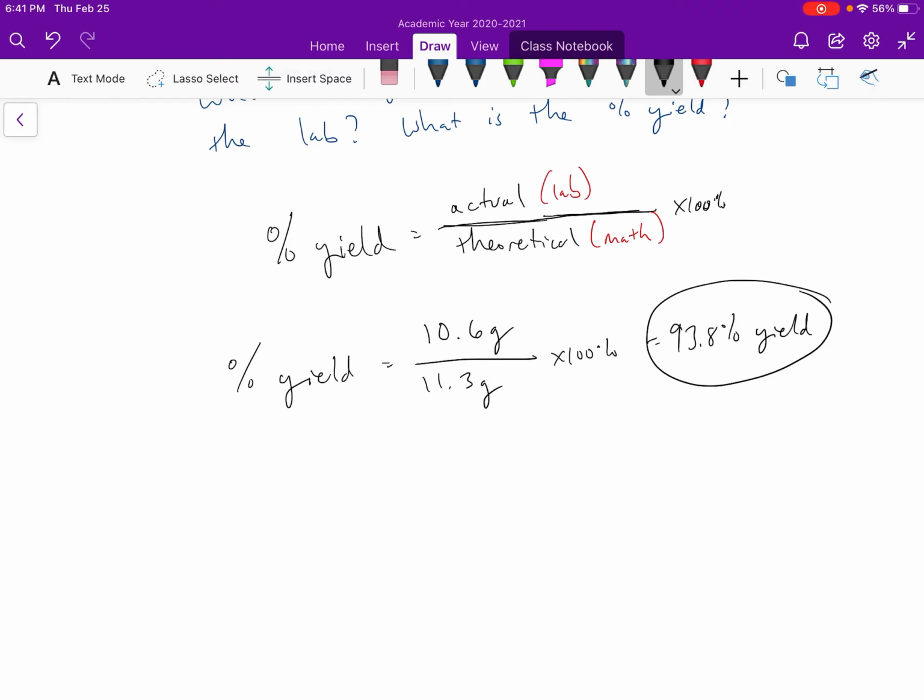Like maybe the container wasn't perfectly sealed and some gas particles escaped. Maybe you didn't stir it very well, right? So not every atom had a chance to react. Maybe you spilled some when you were mixing, right? And some was lost that way, okay? So for the most part, you're never going to actually get 100% yield. It's a mathematical prediction, okay?